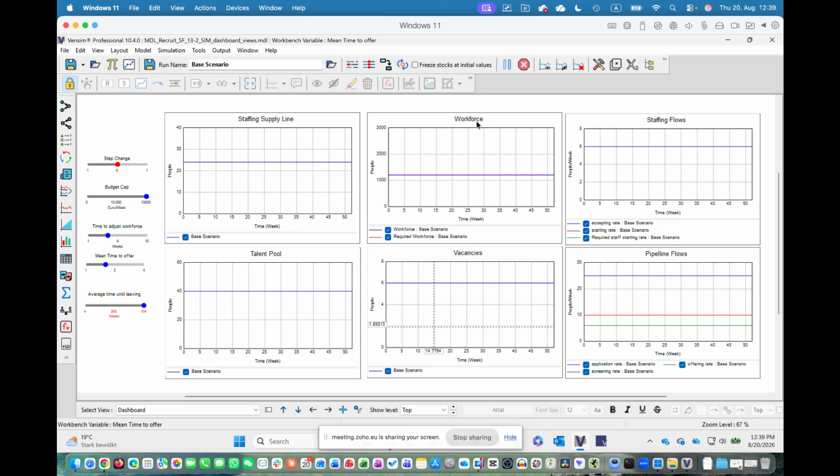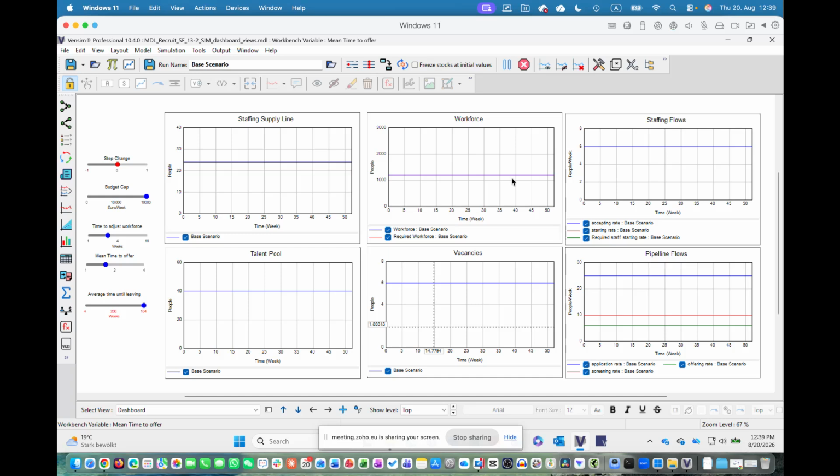At the center here, we have our workforce. And the model right now is kicked into an equilibrium. I think this is good practice to start with, especially if you want to explore how your system, how your digital twin should operate in equilibrium.